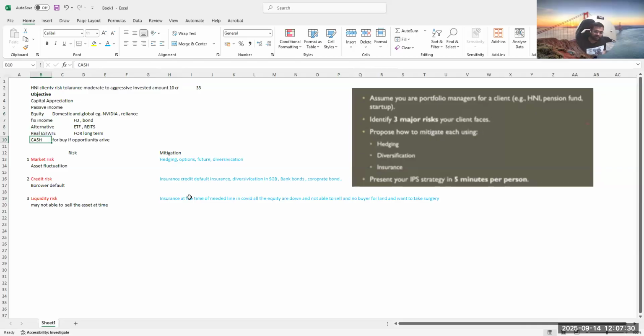I can secure myself with health insurance, so I may not face any situation in which I will have a liquidity risk. In COVID-19 time, I cannot sell my equity, and no one is ready to take my real estate. If I am having a major surgery, I can mitigate that risk by taking insurance against my health.